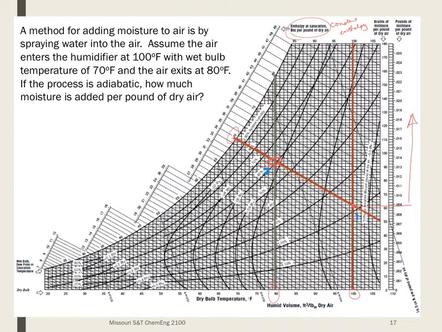So I have my final moisture content, which looks like it will be right in here, about 0.0133.